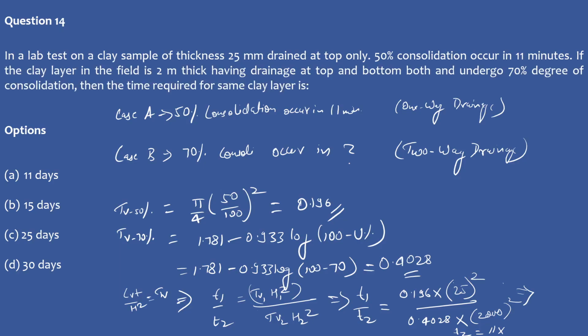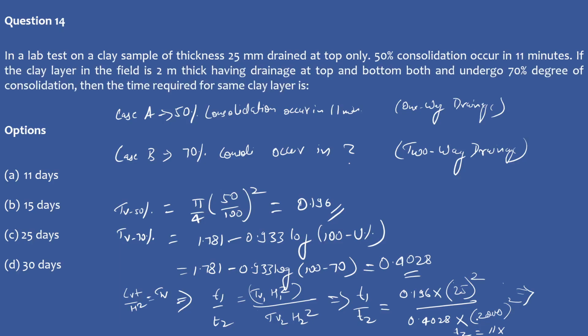I'm getting something else, I don't know why. Let me redo it: 0.4028 into 2000 square, divided by 0.196 into 25 square, into 11. This is in minutes, so let's convert into hours, and then into days.